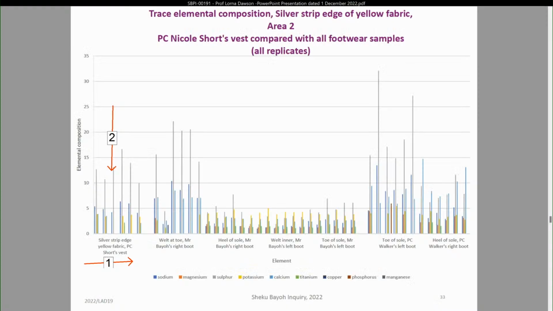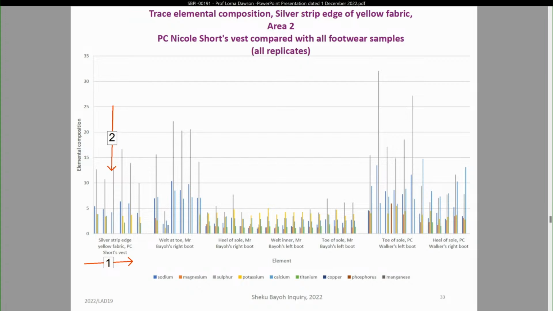Did this data allow you to compare the soil from Area 2 on the vest with the footwear samples? Yes, that was the purpose of comparing now the results for the profile from Area 2 with all the samples of soil that were recovered from the footwear. What conclusions were you able to draw?